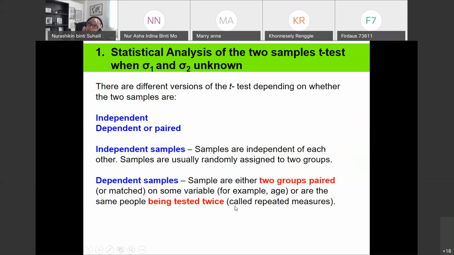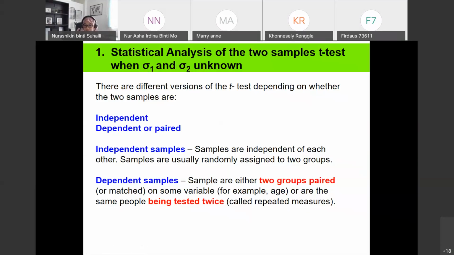Normally, for example, the research is about testing the effectiveness of a certain type of medicine. Perhaps the thing to be measured is the glucose level.